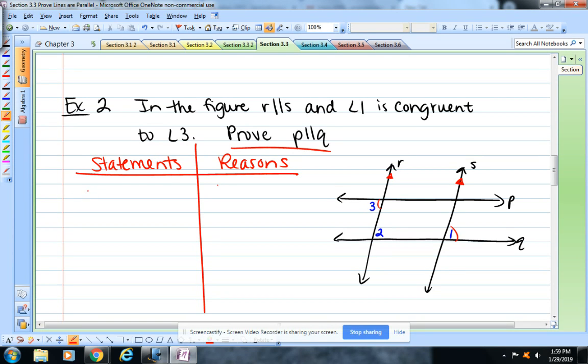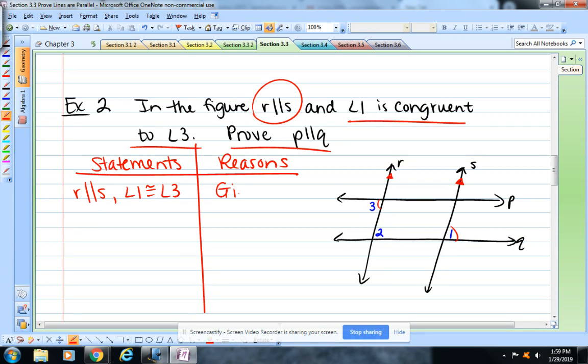What did they tell me? And what else did they give me? They gave me two things, didn't they? They gave me R is parallel to S, and angle 1 is congruent to angle 3. And those are both given.